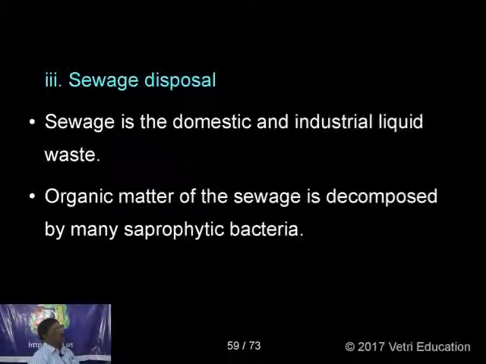Generally, the sewage is given into several compartments, and a number of algae rapidly carry out photosynthesis and give oxygen. That oxygen is used by the bacteria to decompose the waste materials. So this is sewage disposal, a joint program of algae and bacteria. The organic matter of the sewage is decomposed by many saprophytic bacteria.